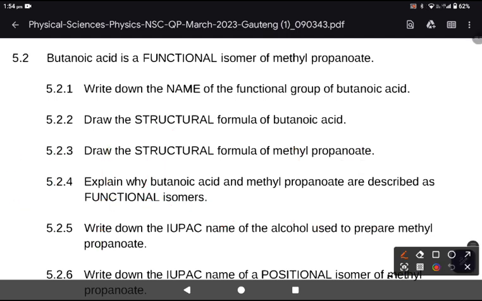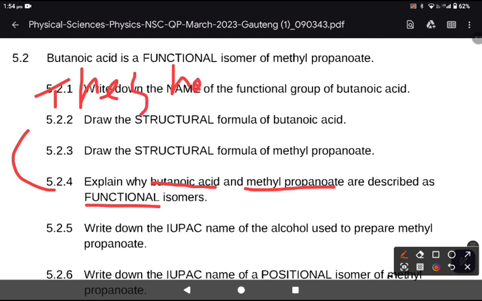Explain why butanoic acid and methyl propanoate are described as functional isomers. Yes, we know why they are described as functional isomers. You can say, because they have the same molecular formula but different functional groups.